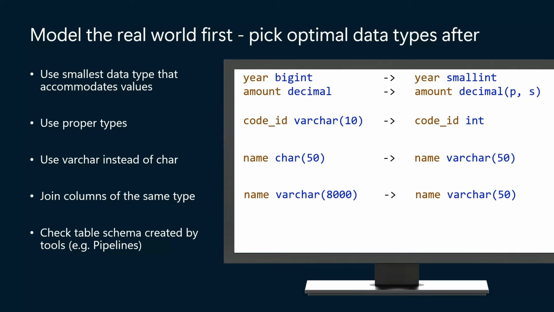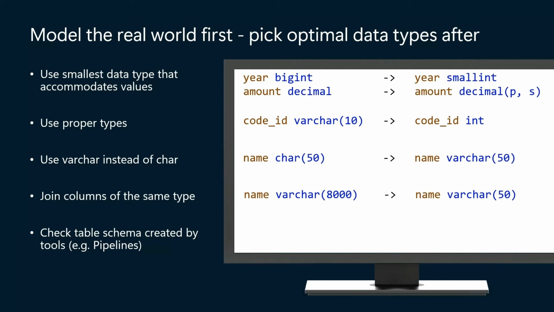If you have a character column and you know that your column values will not have fixed lengths, or most of them will not, then use a varchar instead of char. If you know that the values in a character column will not be longer than a certain length, then please specify the proper length instead of using the largest possible supported length.